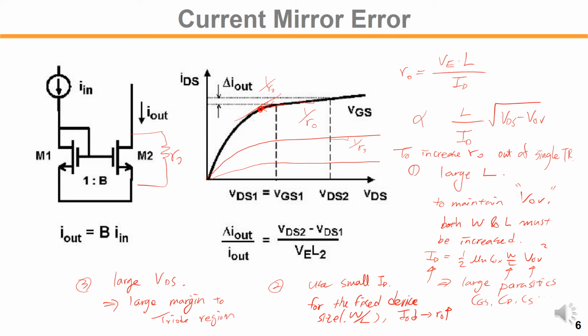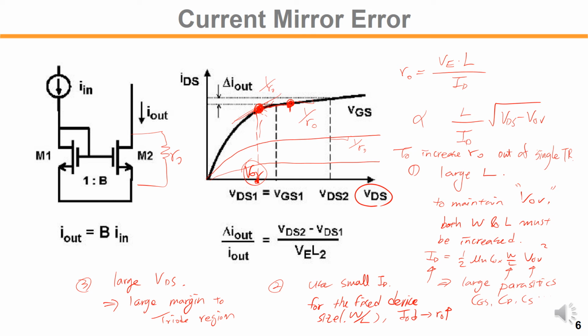If your bias is too close to the triode region, let's say the region boundary is V overdrive here, so if the VDS is too close to V overdrive, then the RO will go down. If you place your device bias voltage VDS away from this boundary V overdrive, then you will get a good RO.